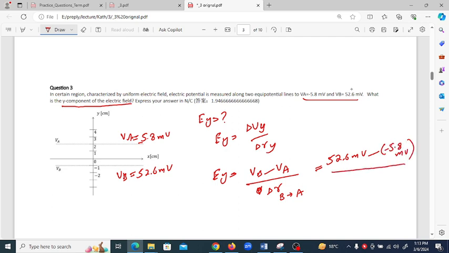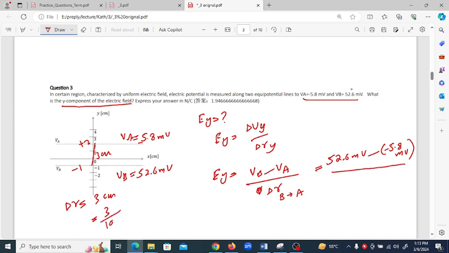We divide by del R, the absolute distance. Here we have minus 1, then plus 2. The distance between minus 1 and plus 2 is 3 centimeters. So del R is 3 centimeter.